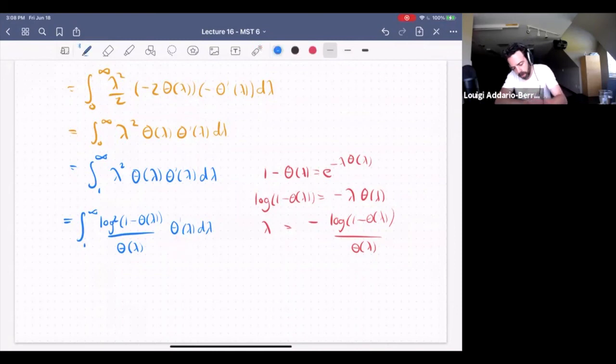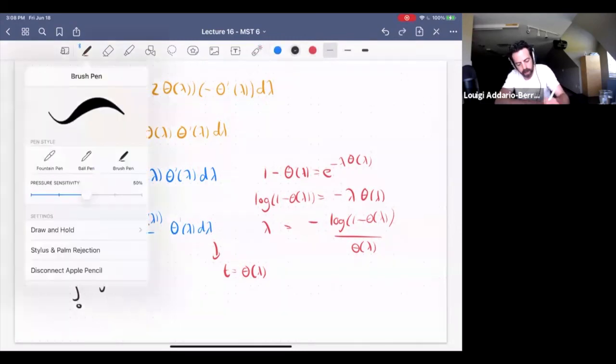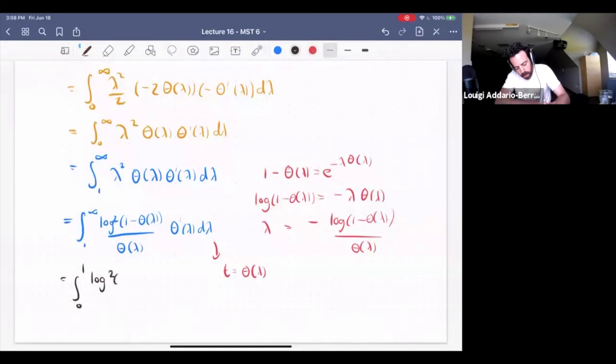So if I'm setting t to be theta lambda here, then this integral becomes the integral from 0 to 1 of log squared, this is just the dt now, so we get log squared of 1 minus t over t dt.